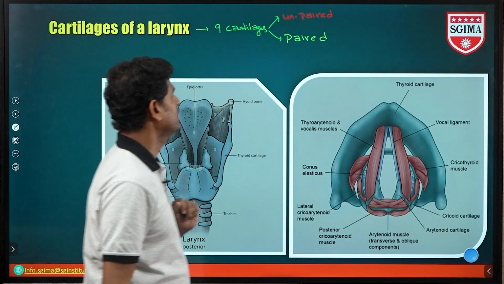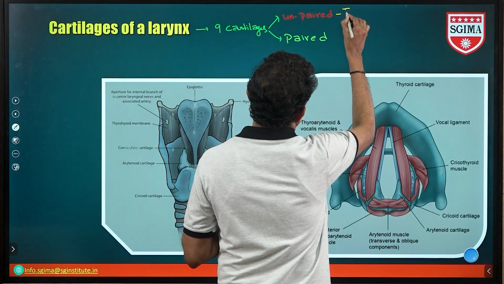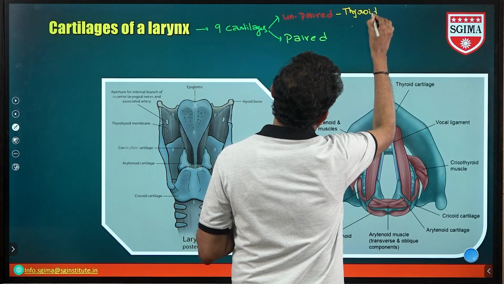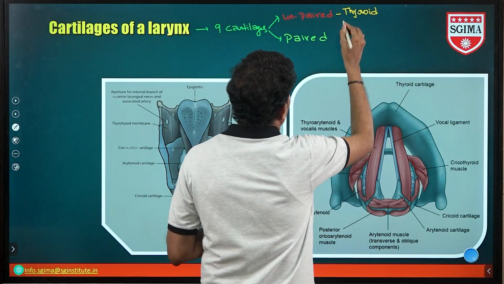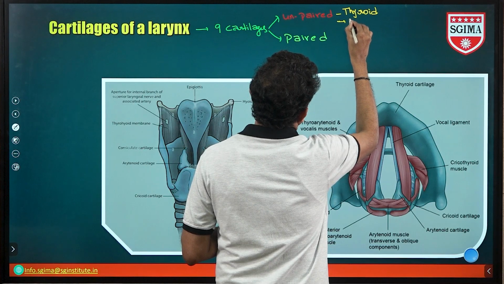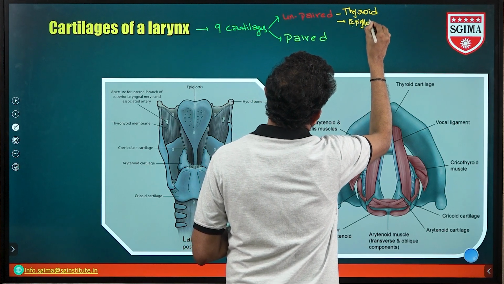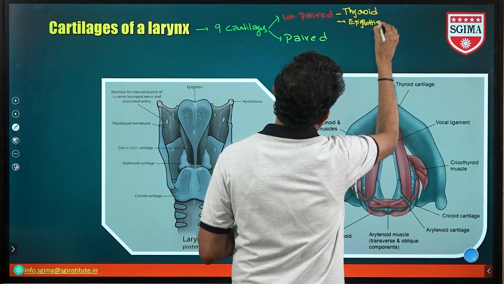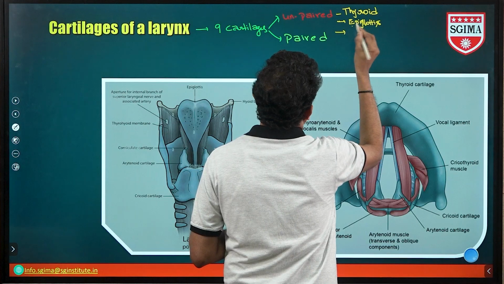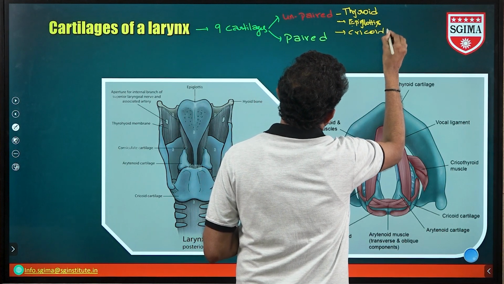Unpaired cartilages जो है ना, those are thyroid cartilage. This is not a gland here. Thyroid cartilage, and another one is epiglottis. Already we know that. And the last one is cricoid cartilage.